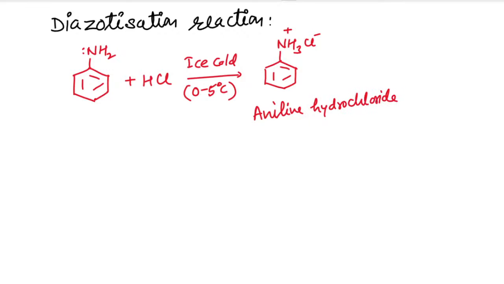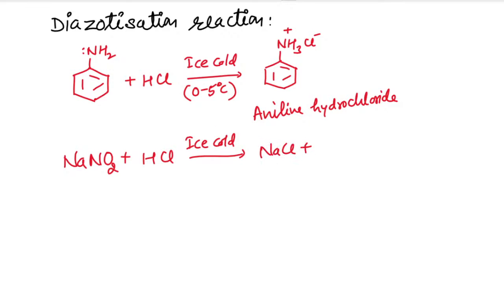After the formation of aniline hydrochloride, the second part is sodium nitrite reacting with HCl in the same ice cold conditions. So we get NaCl along with nitrous acid, HNO2, or we can write HONO. Nitrous acid is formed.